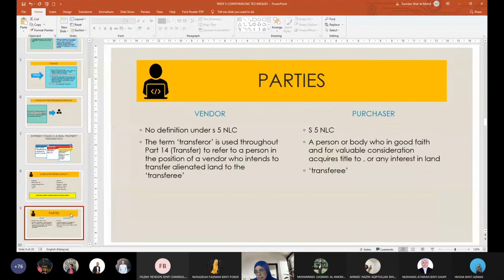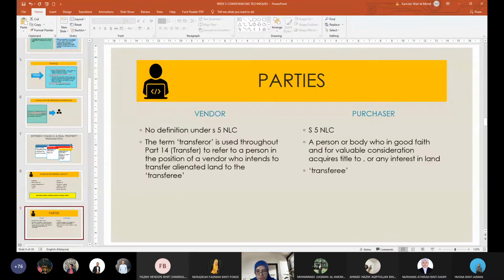So if we look at the National Land Code, dia tak ada terms vendor or purchaser sebab talking about dealings dalam konteks National Land Code. So no definition under section 5 of the National Land Code.